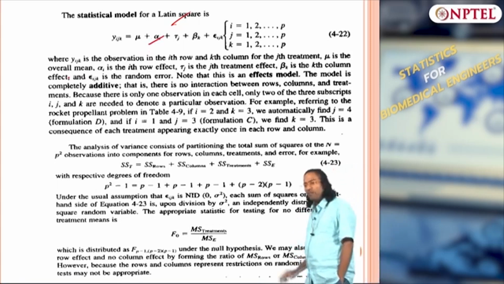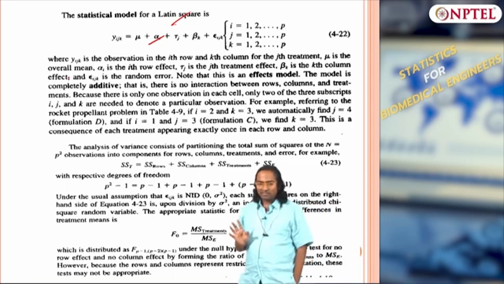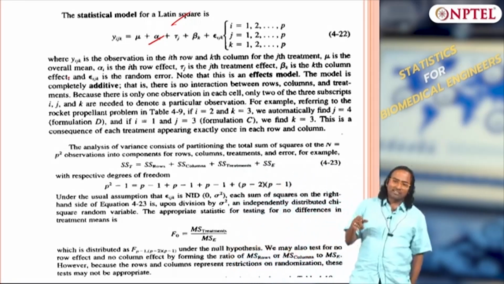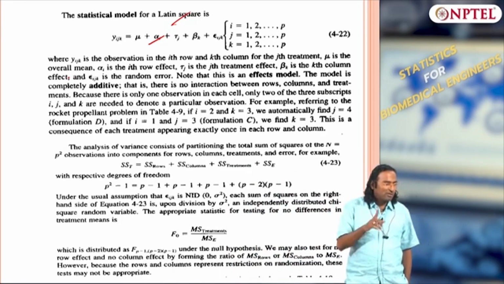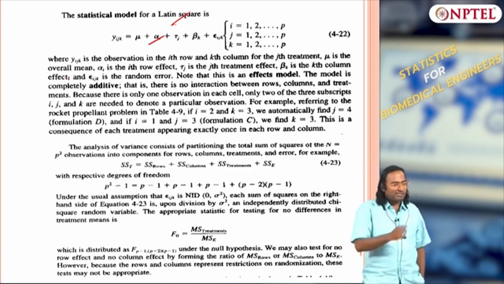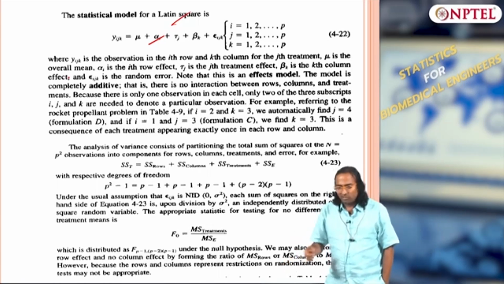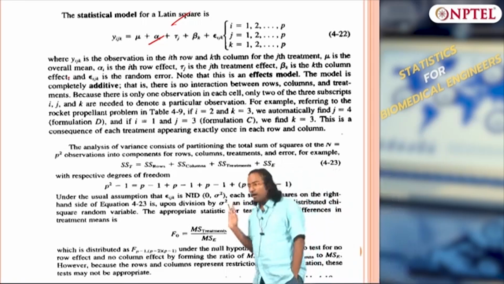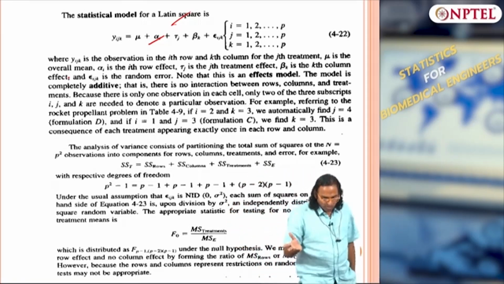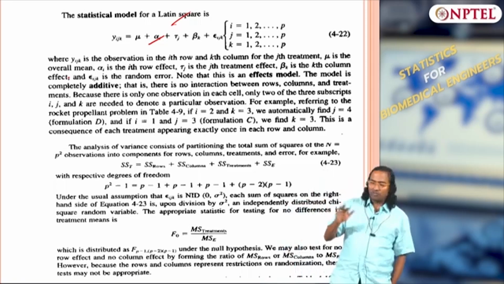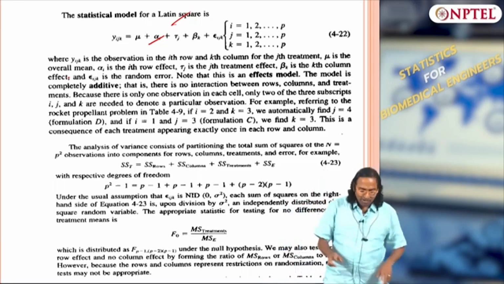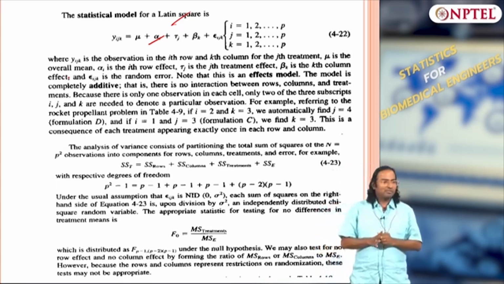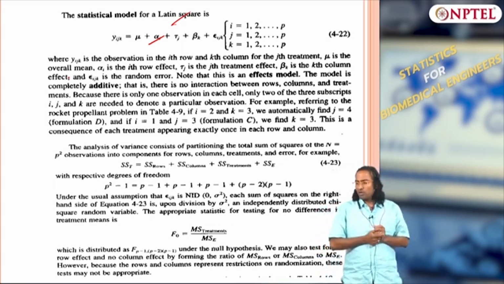So you have rows, columns plus treatments. Notice ij no longer represents rows and columns. i is associated with treatment, j is associated with block, and k is also associated with block. Whatever symbols you want to use, there are now 3 factors in the picture. So this is your Latin square model.